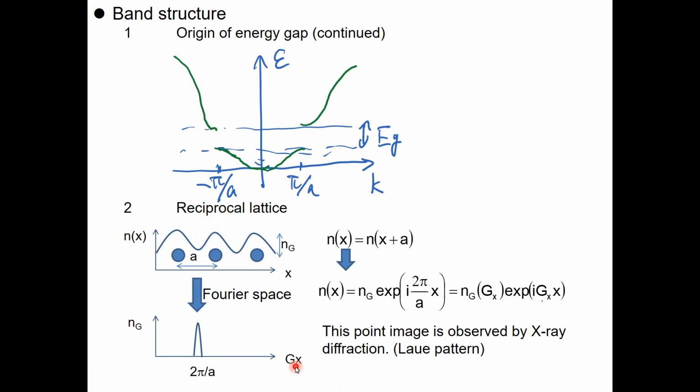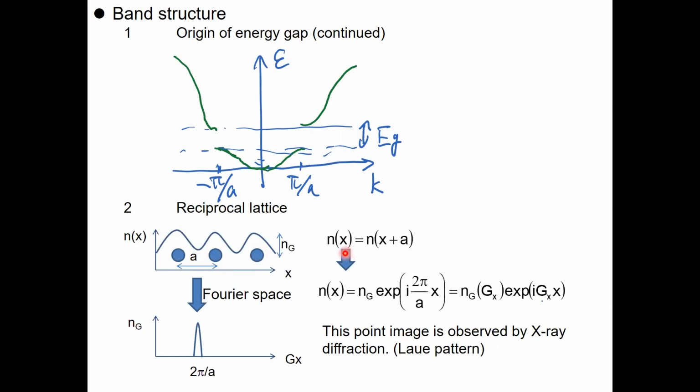So what does it mean? Here is the actual real space. At every interval a, you can find a lattice. That's why the potential or electron density looks like this oscillation pattern, meaning a periodic pattern.